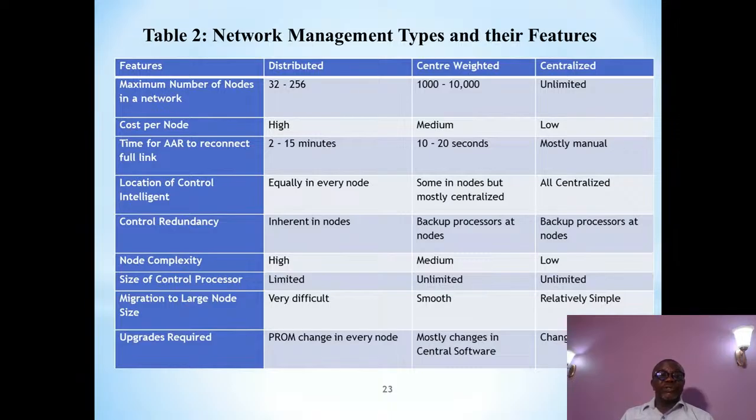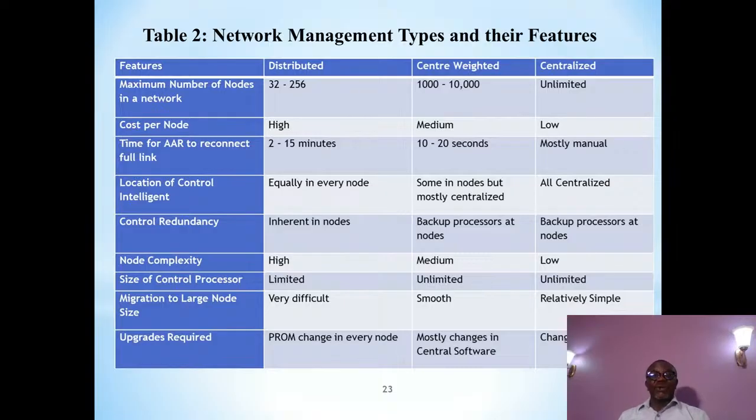Location of control intelligence for the distributed is equal in every node. In center weighted, it is in some nodes, but mostly in the center one, while in the centralized, it is all centralized.